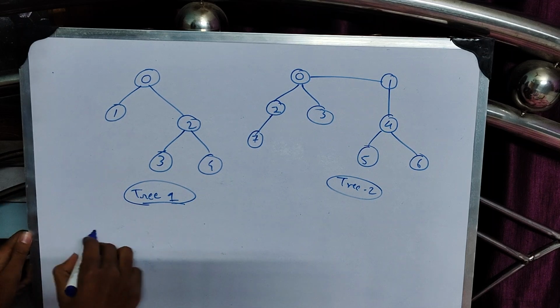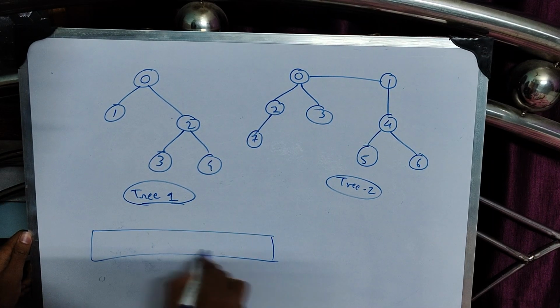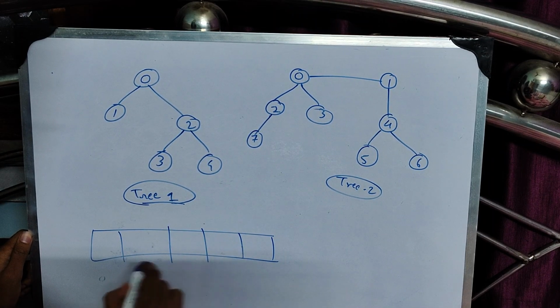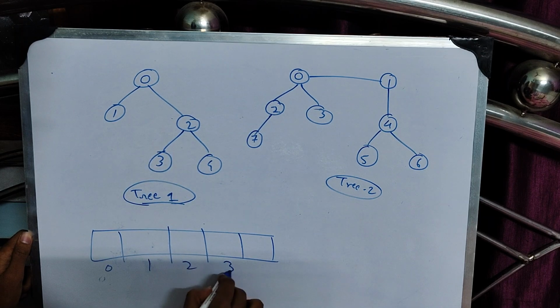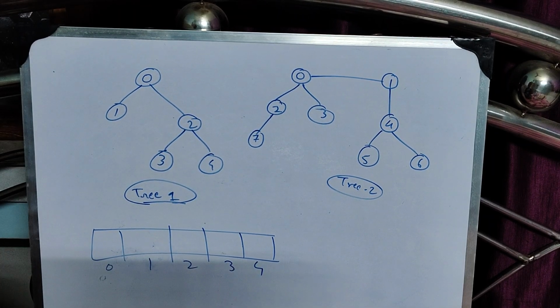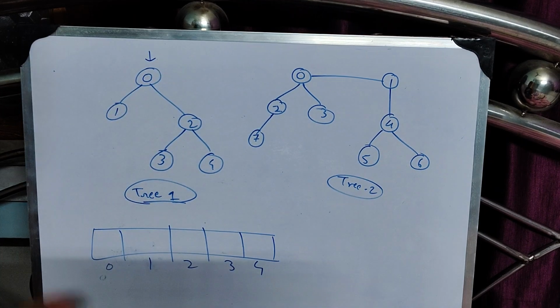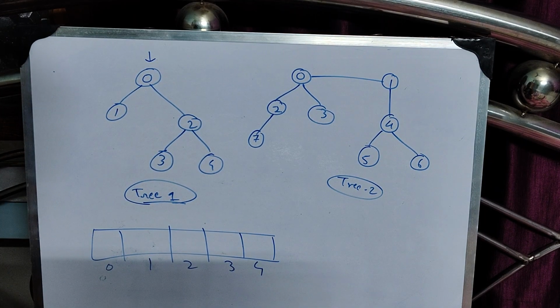The question tells us to return an array that contains, for all the indexes of nodes of tree 1 (0, 1, 2, 3, 4), the count of target nodes. What are target nodes?